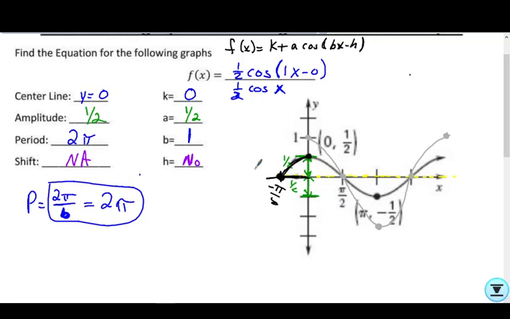The center line would have been the same. The period is still the same. The only difference is that if we were using sine, my function would have been shifted pi over 2 to the left. So for sine, it would have been f of x equals 1/2 sine of x plus pi over 2.